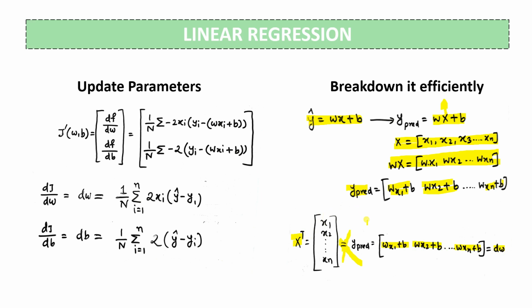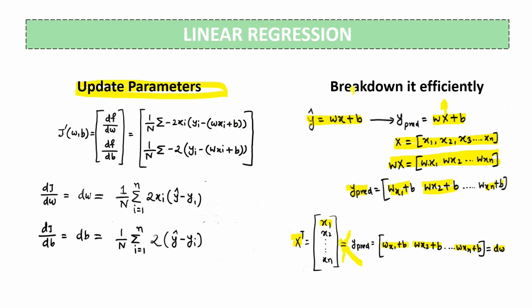Because when you do the dot product, the dimensions of the matrices should be compatible. But in here, you can see that this dimension is actually equal in these cases, so you cannot do the dot product of each of the features. That's why you need to do the transpose of the xt. While I do the coding, you can also see this. Okay, this is how you can update the parameter. This is how you can break it down efficiently.